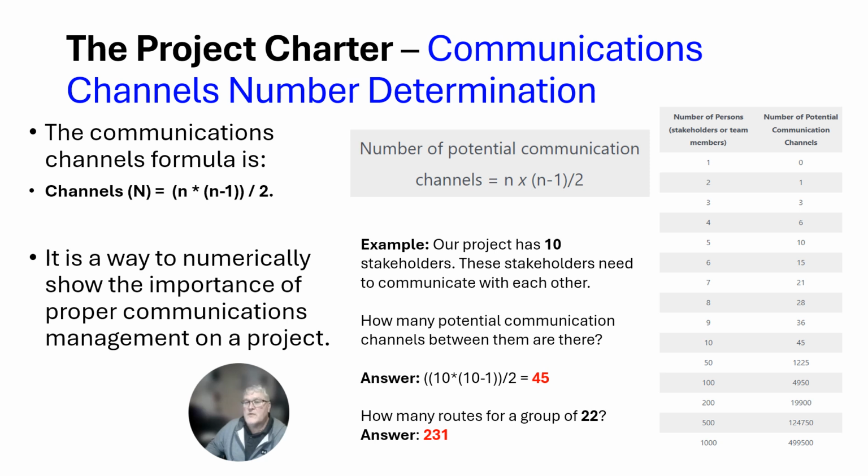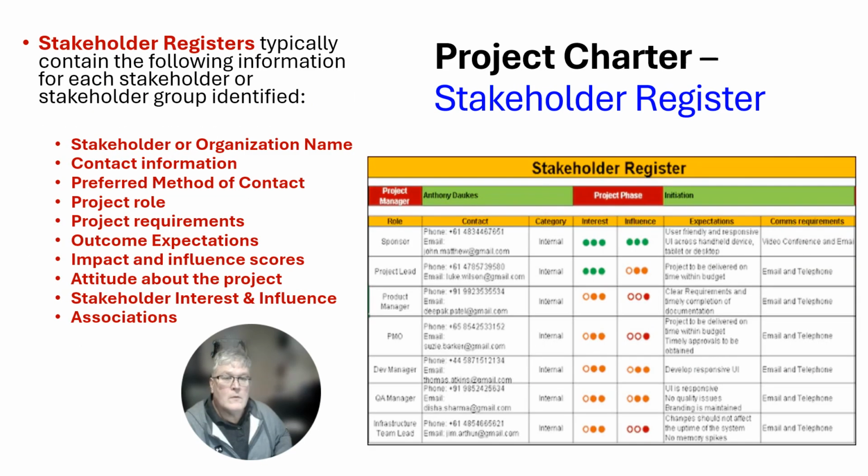This is simply another communications channel determination slide to consider. On this slide, you'll see an example taken from the internet of a stakeholder register. Stakeholder registers typically contain information regarding individual stakeholders or a stakeholder as a group.